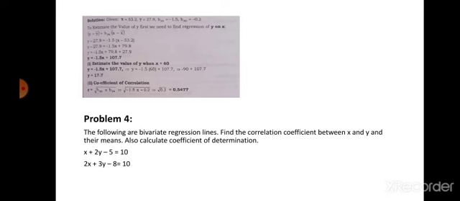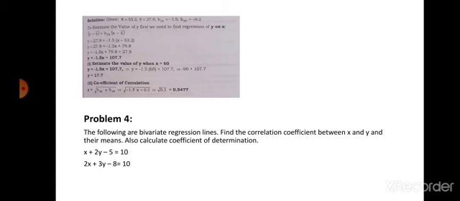So 60 minus 53.2 is 6.8, into 1.5 gives minus 10.2, and the value of y is the estimate after substituting x as 60, which is minus 10.2 plus 27.9, that is 17.7.